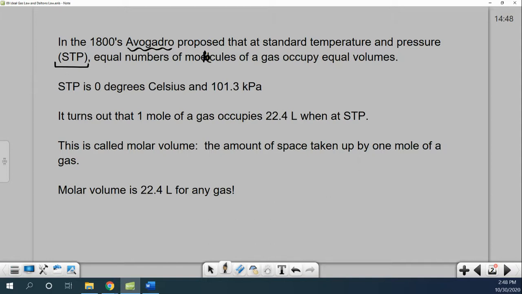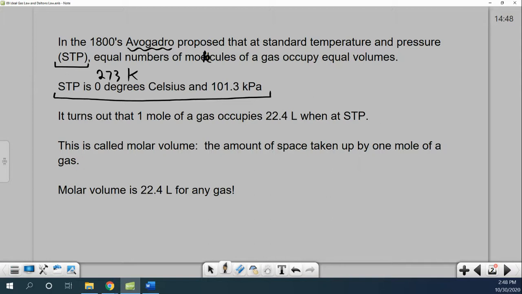So we started doing some measurements. He set standard temperature and pressure to 0 degrees Celsius and 101.3 kPa. So that is the standard temperature and pressure. What would that be? 273 Kelvin and 101.3 kPa.